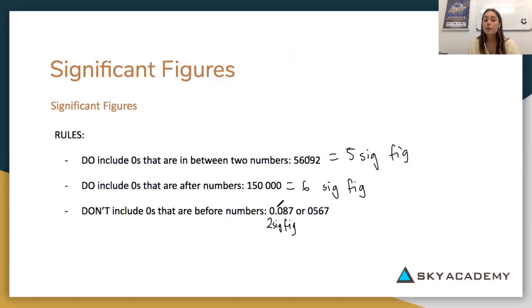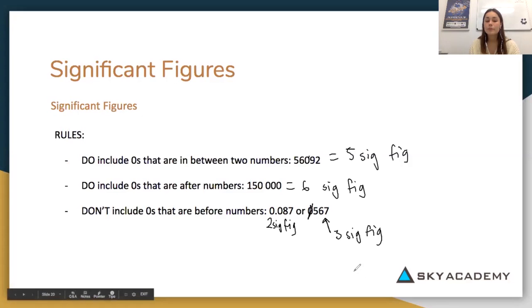That's when we're dealing with a decimal, and the same thing applies when we're dealing with a whole number. We wouldn't count the 0 normally, we would just call this 567, and so we do not count the 0 when we're dealing with sig figs either. So we can ignore that and say that there are 3 sig figs in that number. So there are some rules that we need to be aware of when we're dealing with sig figs.